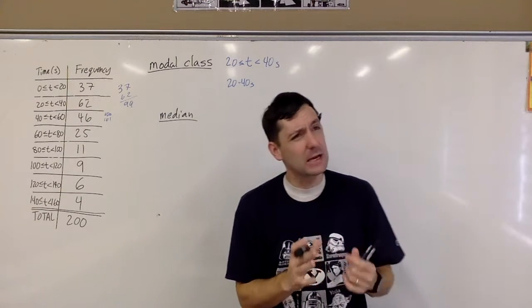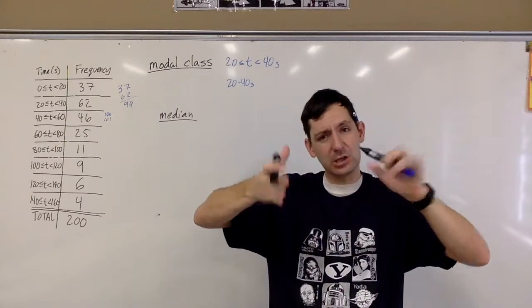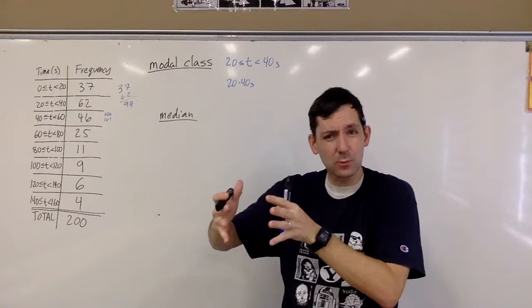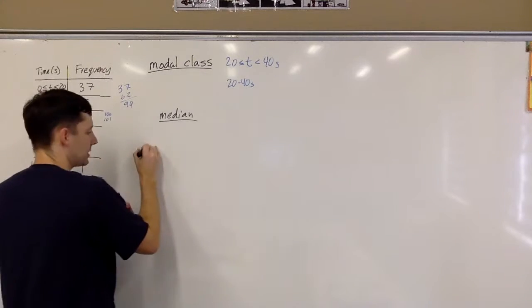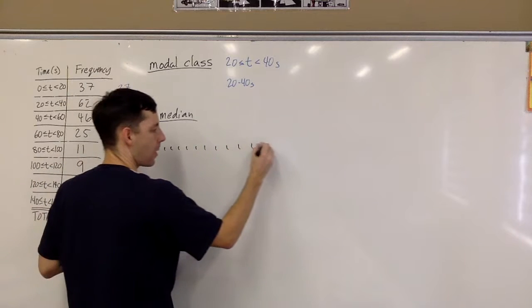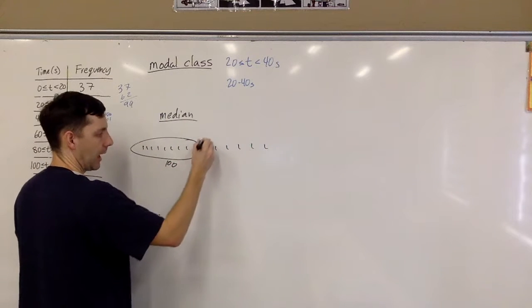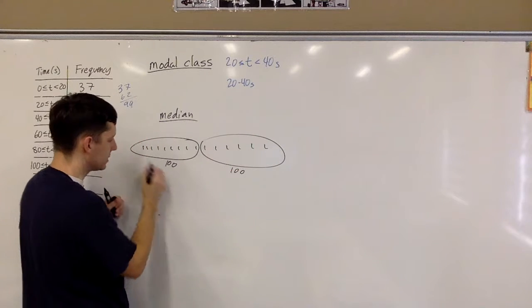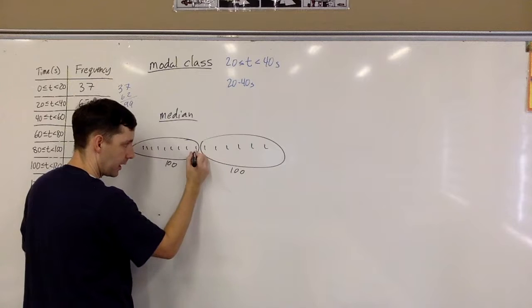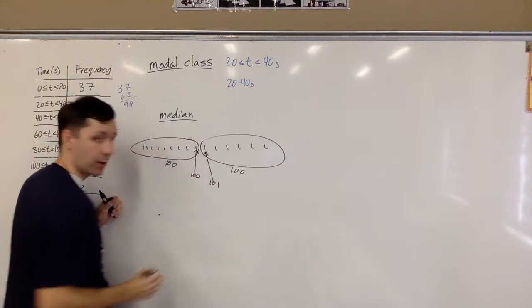If there's 200 numbers, that means I've got 100 over here and 100 over here, and so the middle is just between those two hundreds. So it's the 100th number and the 101st. Think about it this way. You've got 100 numbers here, and then you've got 100 numbers over here. So the middle is right between number 100 and number 101.